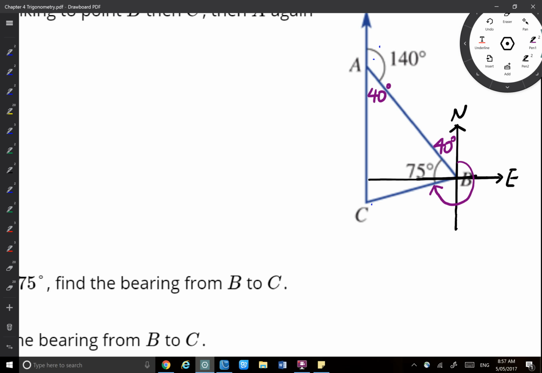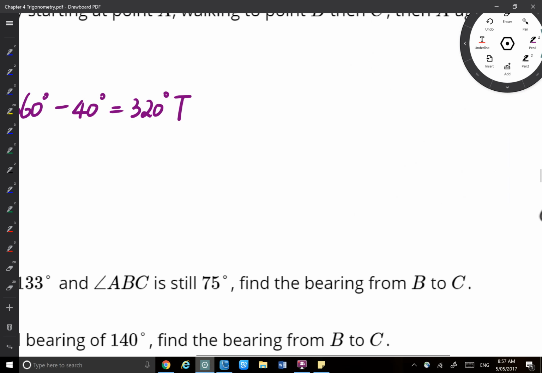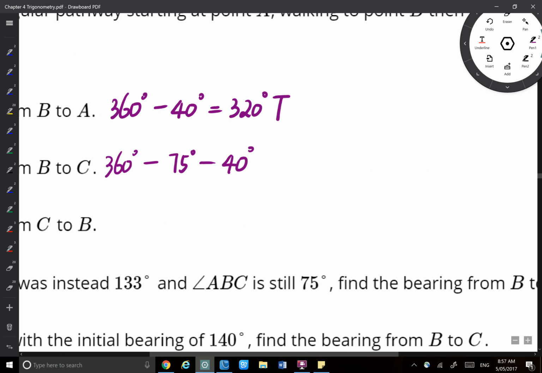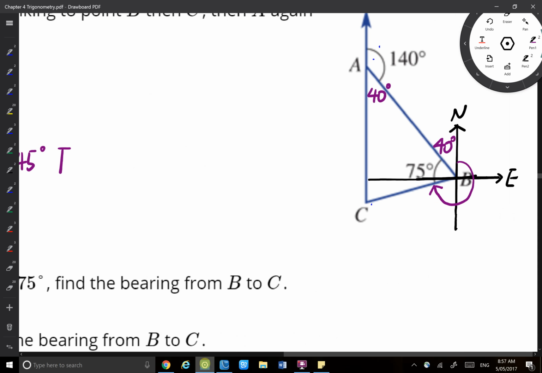Therefore, from B to C will be 360 minus 75 minus 40. That's 245 degrees true. Have another look at this.